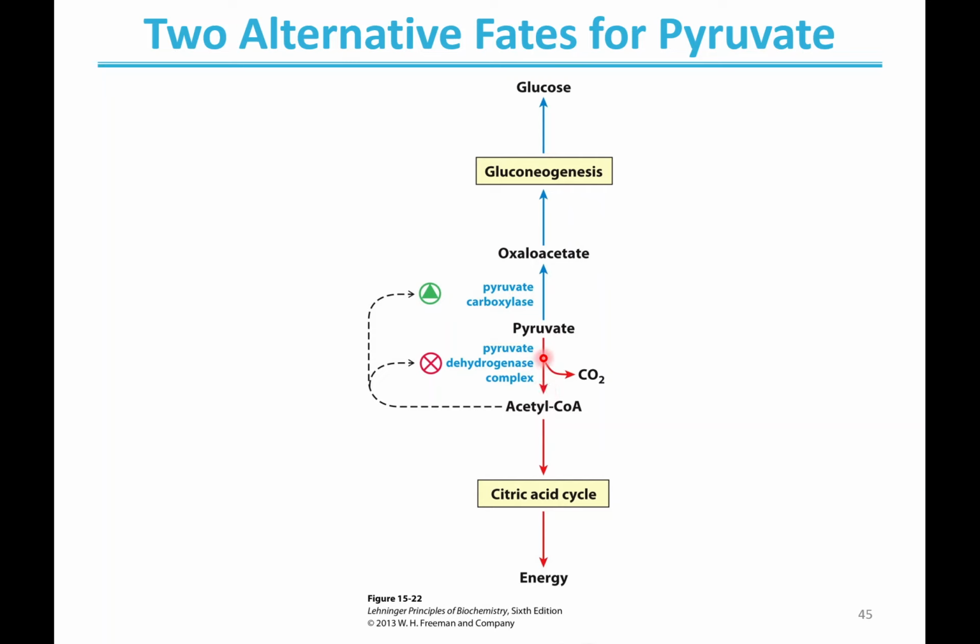Okay, so pyruvate in the next step in metabolism gets converted to acetyl-CoA. So if acetyl-CoA is in abundance, it turns off the pyruvate dehydrogenase complex and also turns on pyruvate carboxylase, right? And that's the other alternative fate for pyruvate, making glucose in gluconeogenesis.